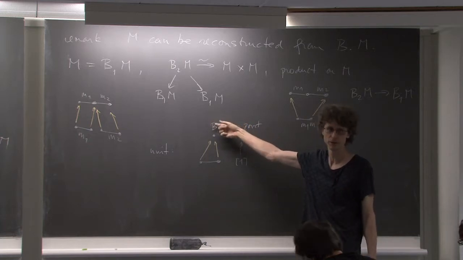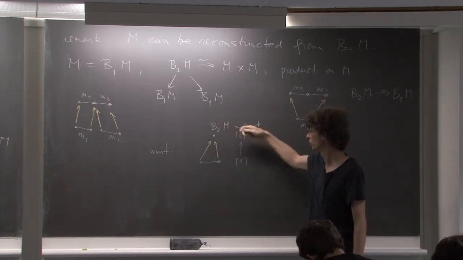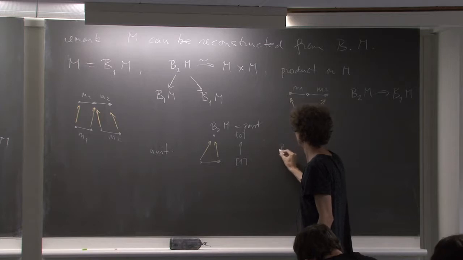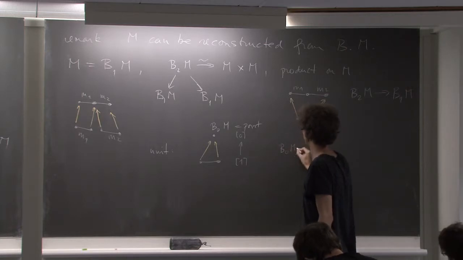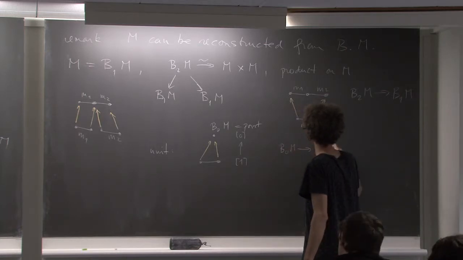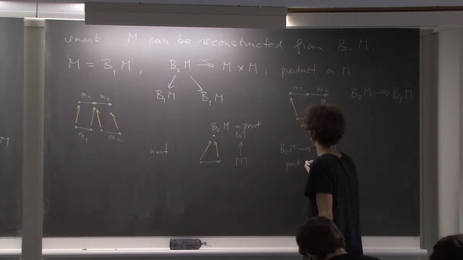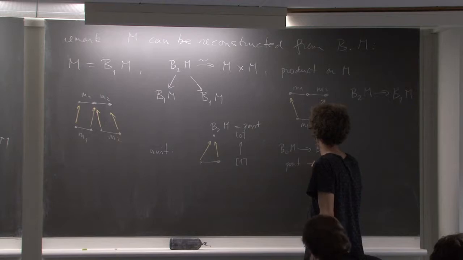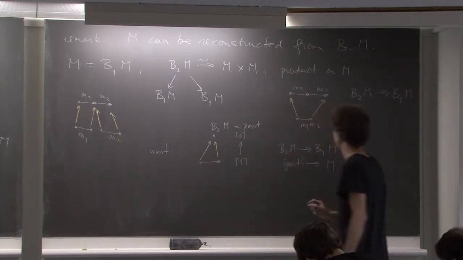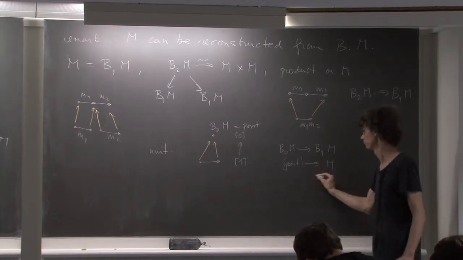It's a contravariant functor, so it should give us a map going from B0M to B1M. In other words, the single element is mapped into M, and that's the unit.